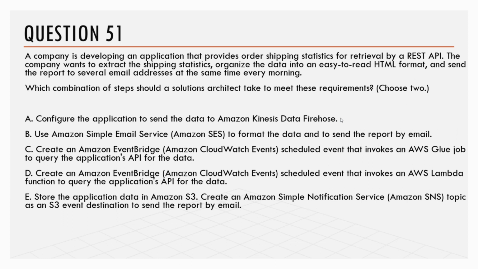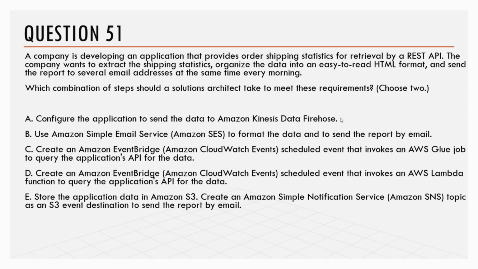Choose two options. And the options are A. Configure the application to send the data to Amazon Kinesis Data Firehose. B. Use Amazon Simple Email Service to format the data and to send the report by email. C. Create an Amazon EventBridge, Amazon CloudWatch Events, scheduled event that invokes an AWS Glue job to query the application's API for the data.